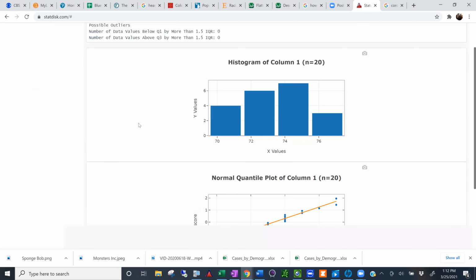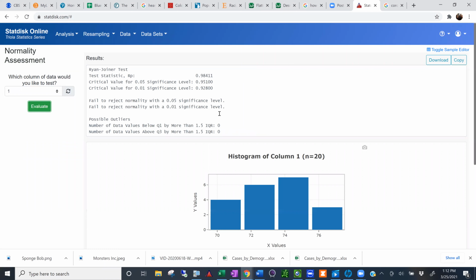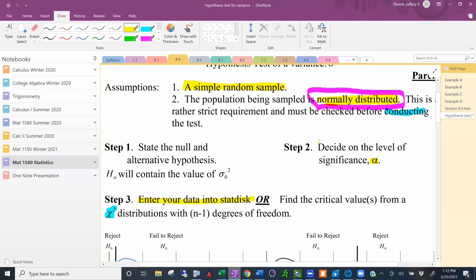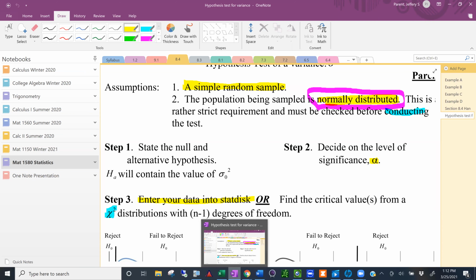The nice thing here is that we're not able to reject the claim that this is from a normal distribution at either level. So you did your due diligence and satisfied the check. Then we move on to input our data. That's step 3. I'm skipping step 2, which was alpha of 0.01. They gave it to us.